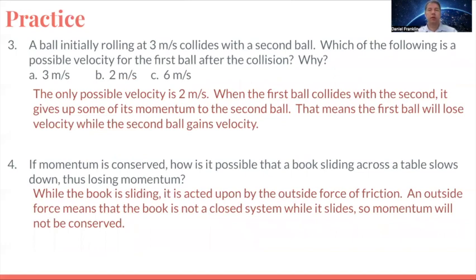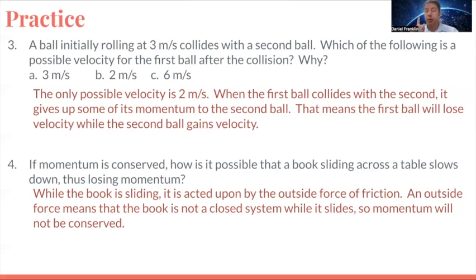Okay. So number 3, a ball initially rolling at 3 meters per second collides with a second ball. Which is the following possible velocity for the first ball after the collision? Why? Oh, for the first ball. Okay. It cannot remain 3 because it's going to give some of its momentum to the other ball.